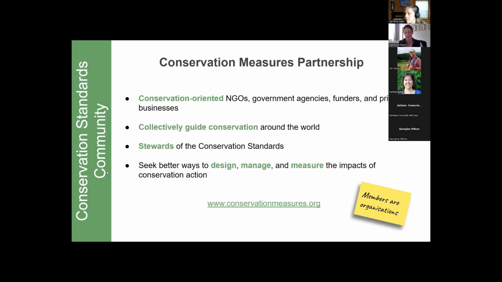This is a consortium of organizations, and those organizations might be NGOs, they might be government agencies, they might be donors or funding bodies, they might be private businesses. I'll show you some of our members in just a second. The key thing here being that CMP are the stewards of the conservation standards, so responsible for updating, improving, and developing guidance around the conservation standards.